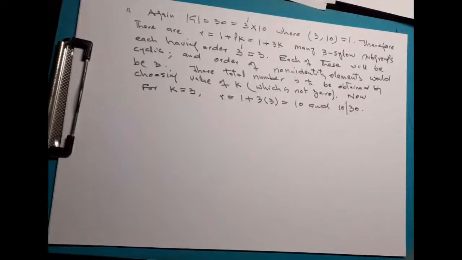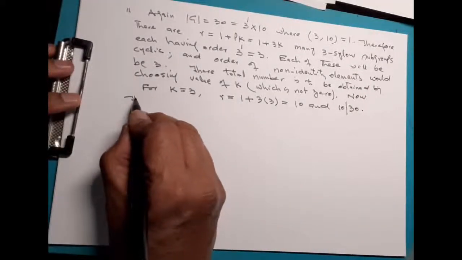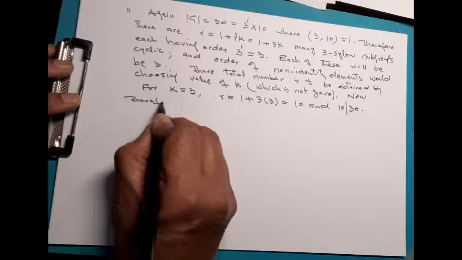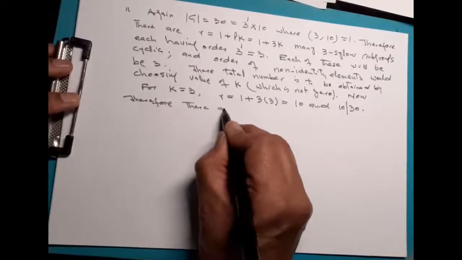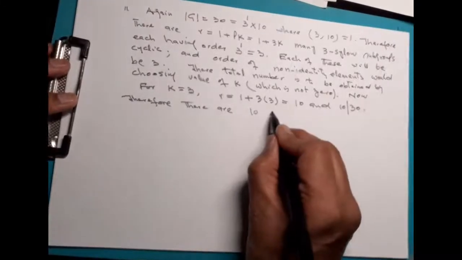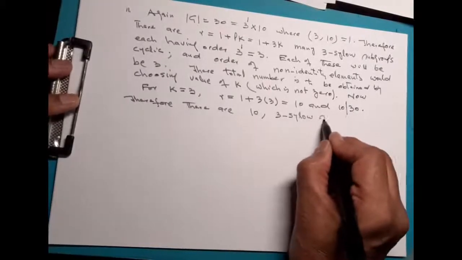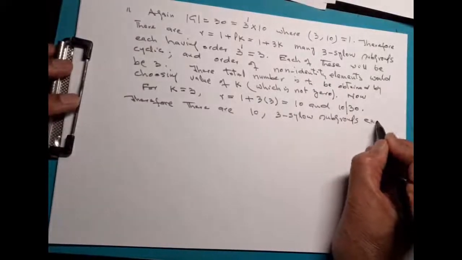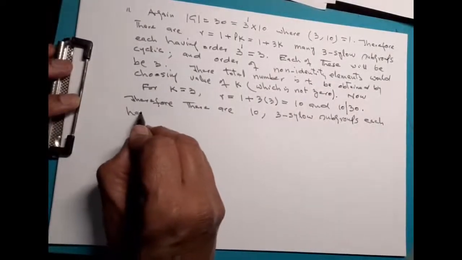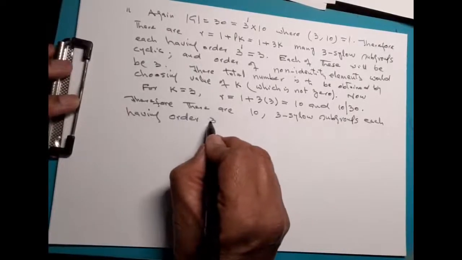We have to have R such that R divides the order of G, and 10 divides 30. Therefore there are 10 3-Sylow subgroups, each having order 3 raised to power 1, which is equal to 3.